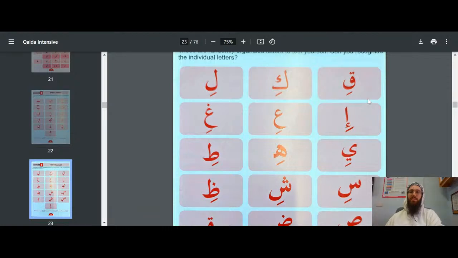And continuing, more practice. Remember, this is a qaf, and then that second one is a kaf, and they're quite similar, right? But the qaf is one of the round letters. So again, we're getting constant reinforcement of that stuff we did at the beginning. Qi, ki, li, and so on.